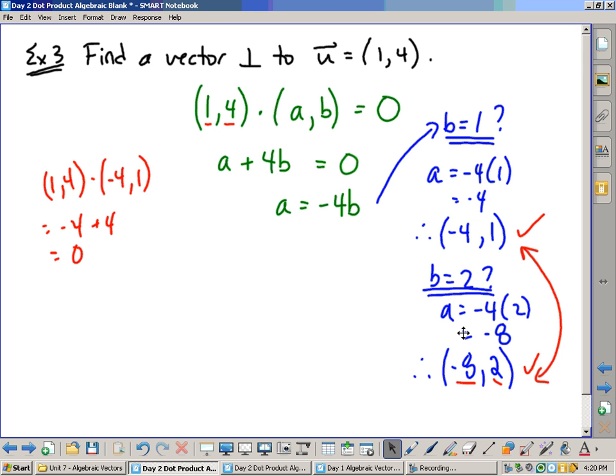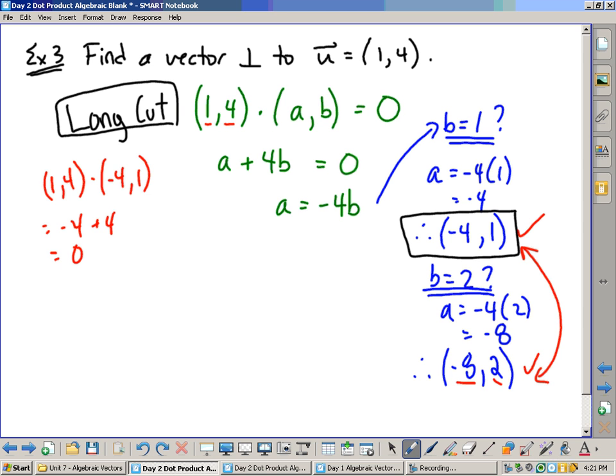Now, I'm calling this the long cut. Because I'd really like you to look at this answer here and think about why this works.